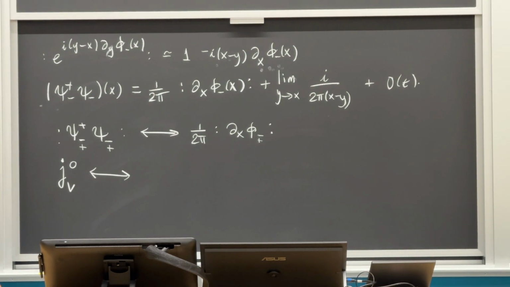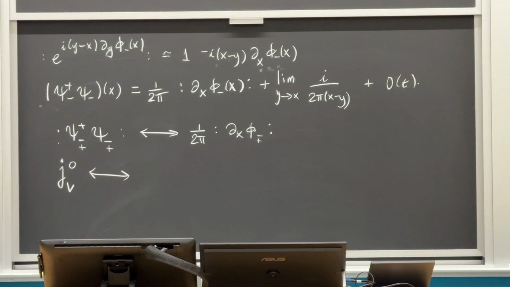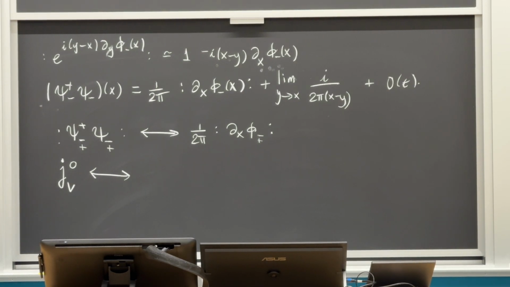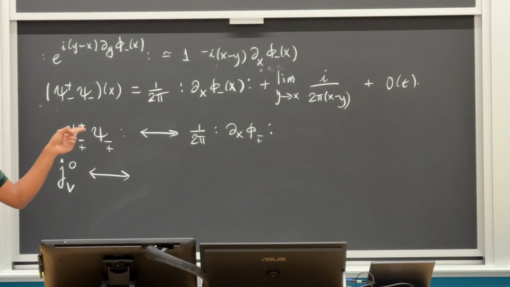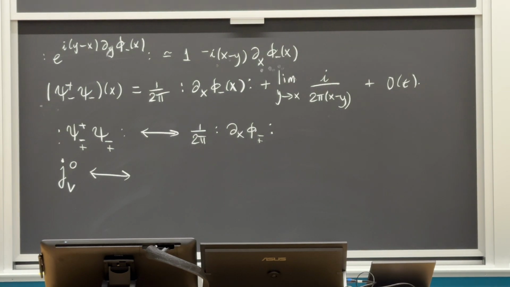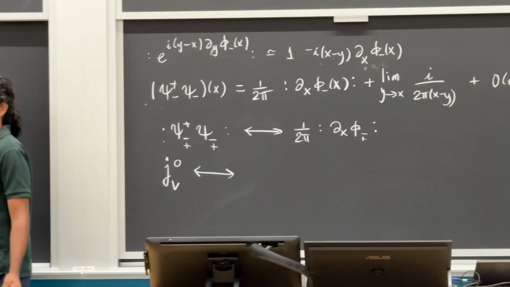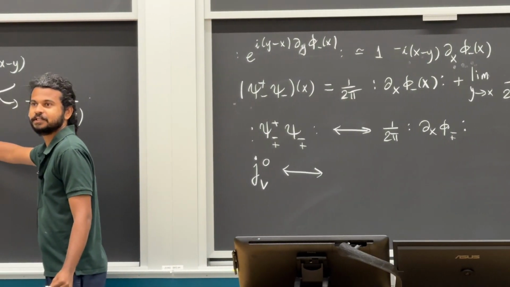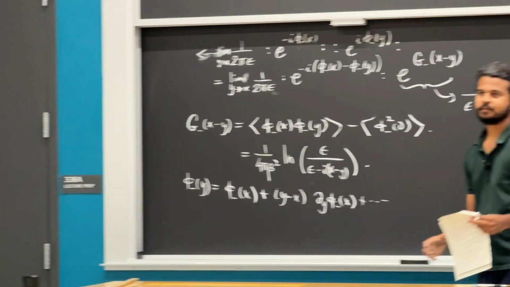One sense is all the a daggers to the left, the other is subtracting off this infinity, just like here. So this Green's function, you call it normal ordered Green's function because you subtracted off the infinity.